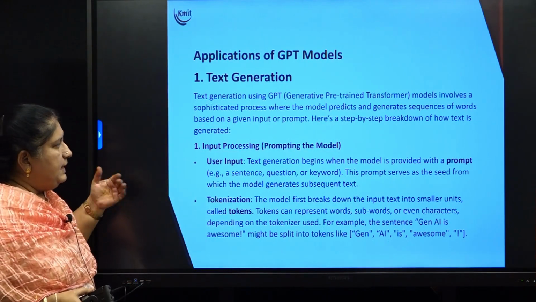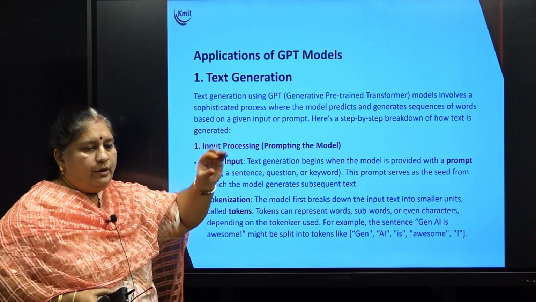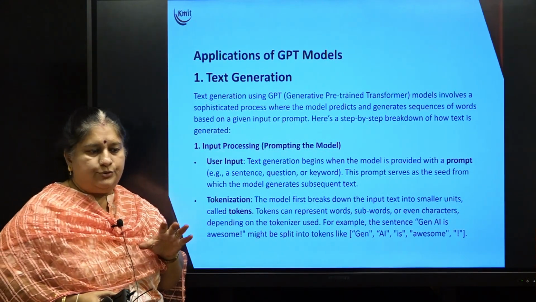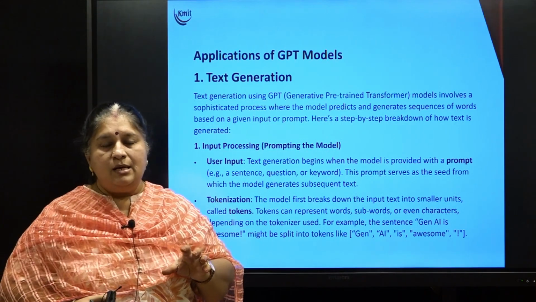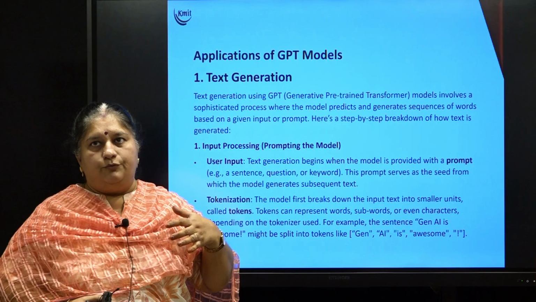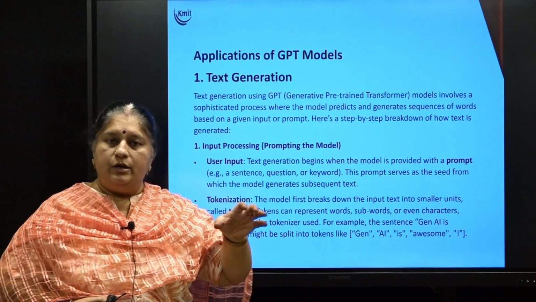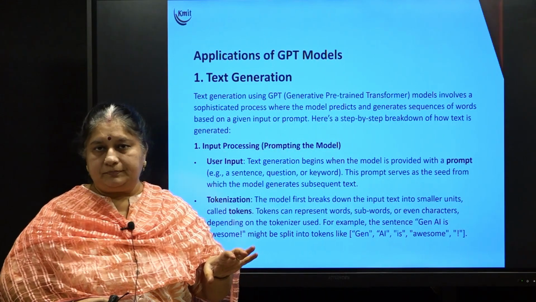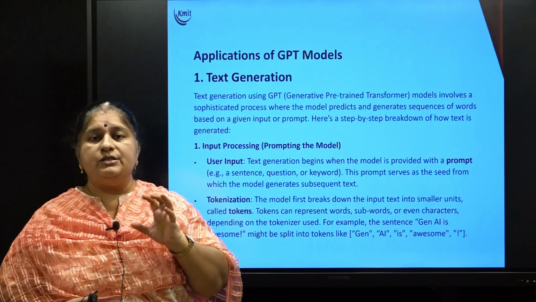So in the text generation process, the model first tries to understand the patterns of sentences which are formed using the language with which it is trained. The model is trained with a language. Now you are trying to fine tune it for text generation.